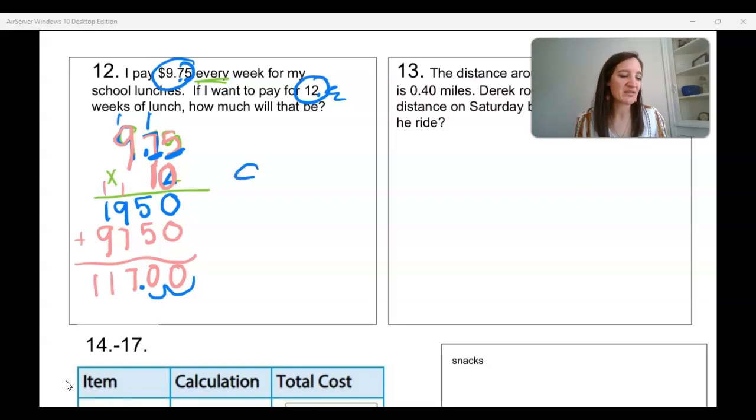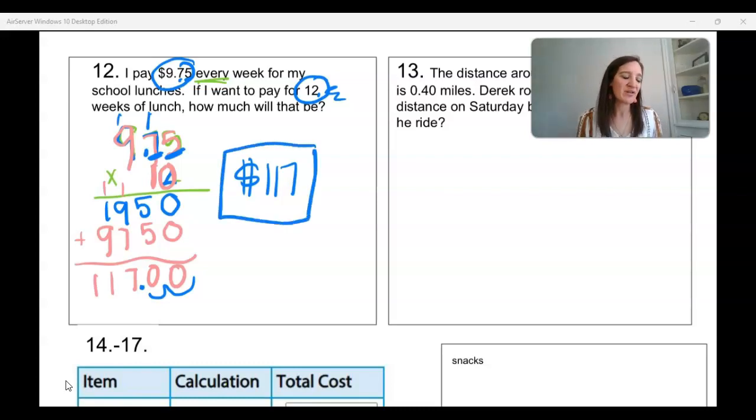So I end up with $117.00. Now, honestly, 0 cents is the same thing as nothing, right? So I'm okay if I even just erase the 0 cents and just say that I will pay $117 if I want to pay for 12 weeks of my lunches.